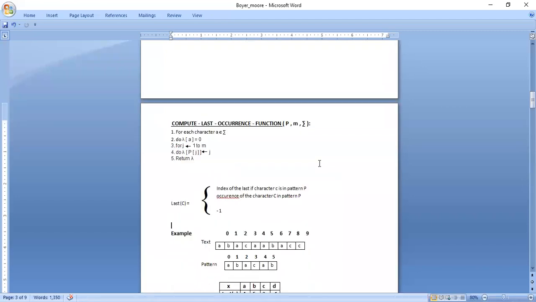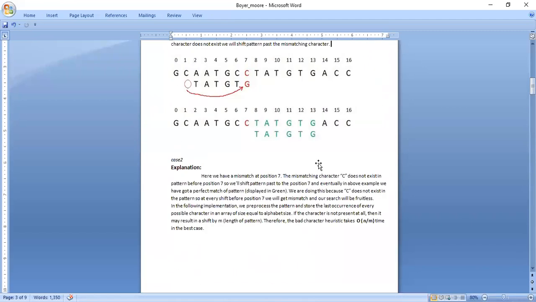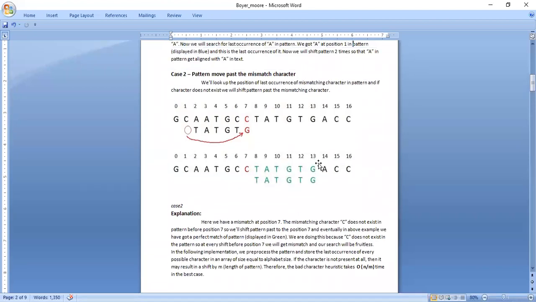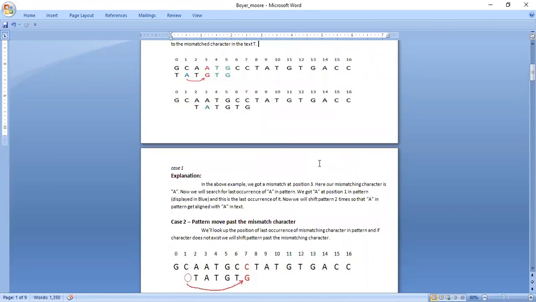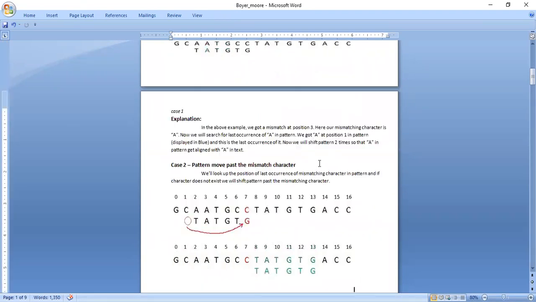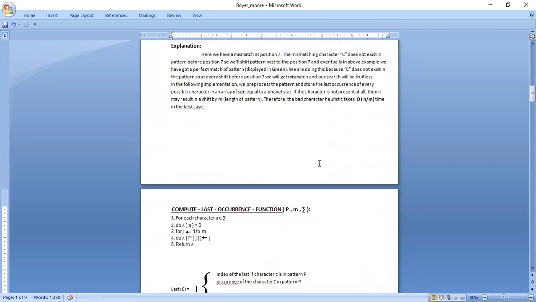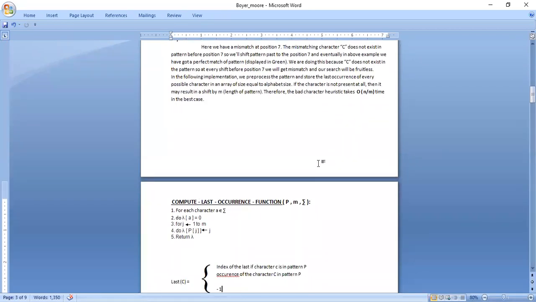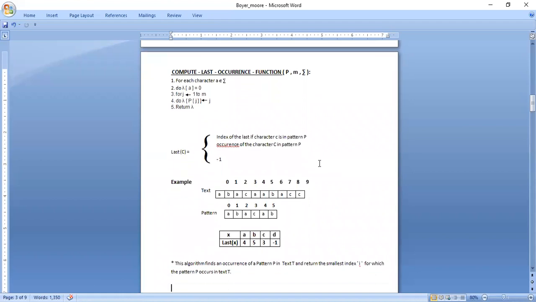One thing this Boyer-Moore algorithm does is pre-process the pattern. It studies the pattern first, and it maintains a last function for the pattern. What is that last function?